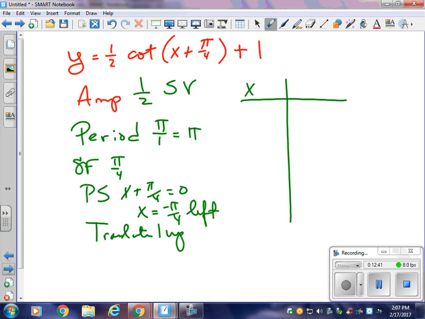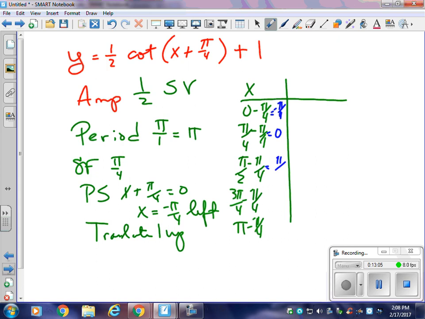So here we have to start with 0 and go by our scale factor. And then we have to take away the 4th because we're going to the left. So that comes out negative pi over 4, 0, a 4th, a half, and 3 pi over 4.